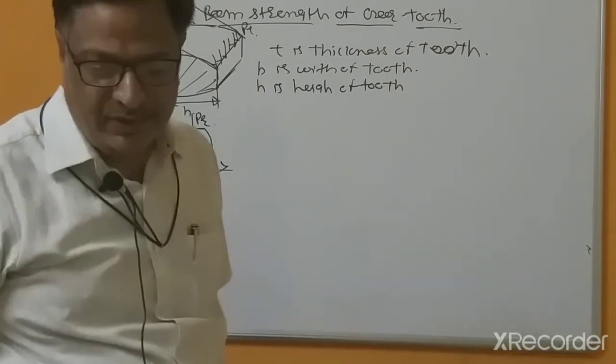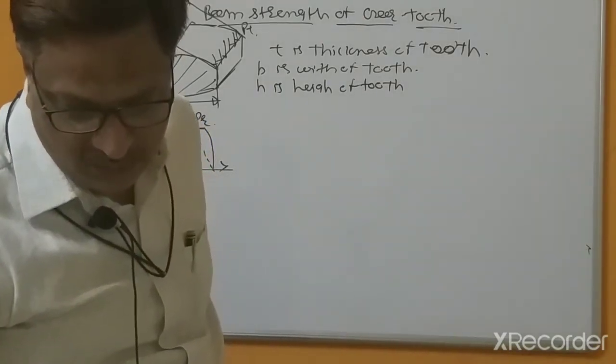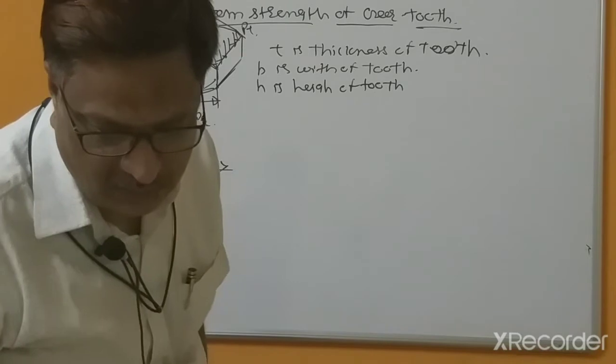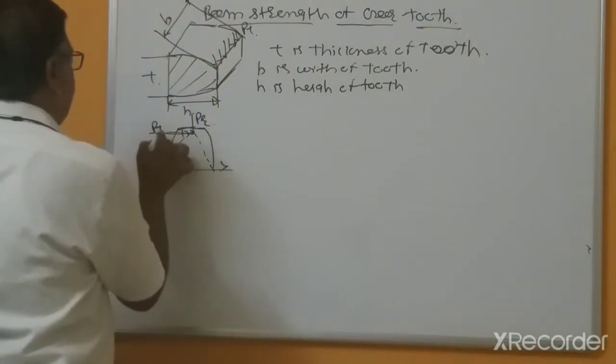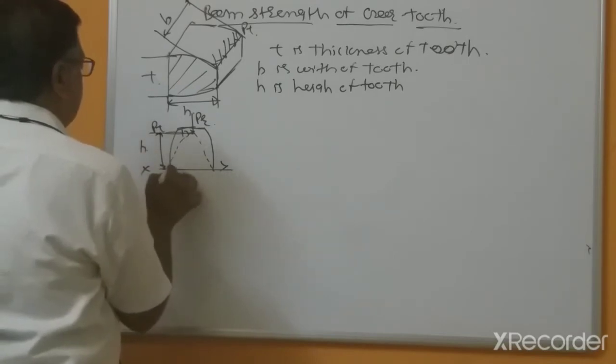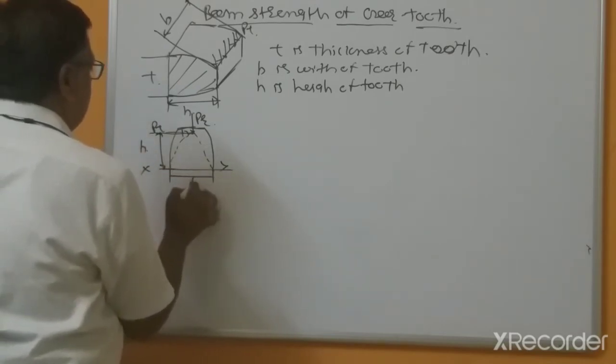This is the radial load, and H is the height, and B is the face width.